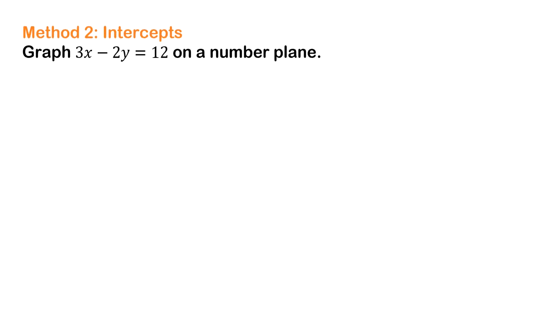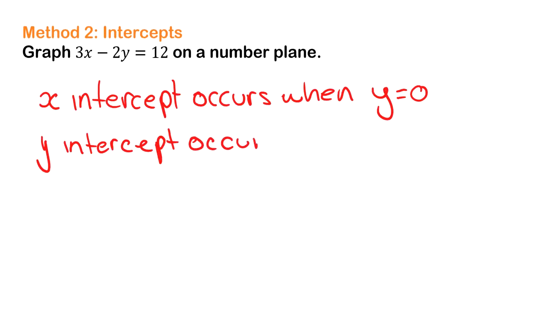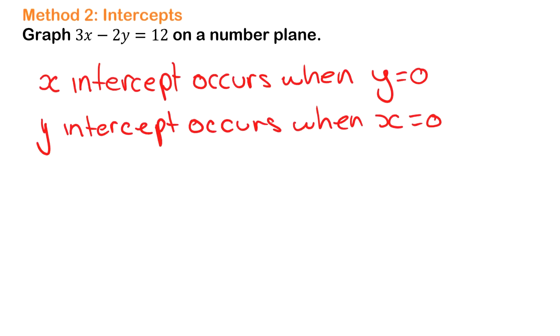It's important to know that the x-intercept occurs when y equals 0, and the y-intercept occurs when x equals 0. We use these two facts to find where the line crosses.